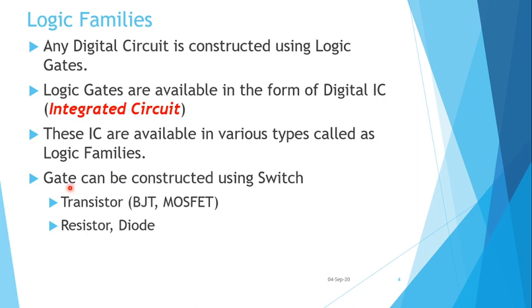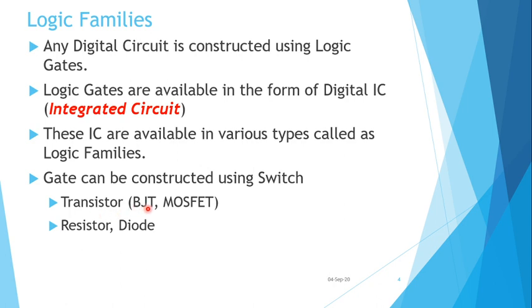Now we have seen these gates: AND gate, OR gate, NOT gate, NAND, NOR, XOR and XNOR. And we also saw that gates can be constructed using switches. A switch can be a simple switch which we use in our house, the on and off switch. The switch can be made of a transistor.